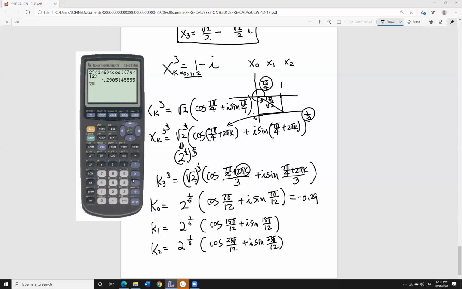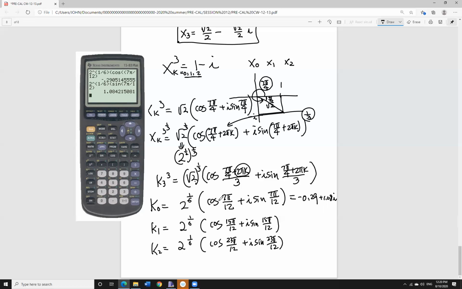Imaginary is still 2 to the 1 over 6, and times sine 7 pi over 12, not 2, 12. That's correct. This is the imaginary number, how much? 1.18, equal to 1.08. Is it okay? You have to calculate this one.